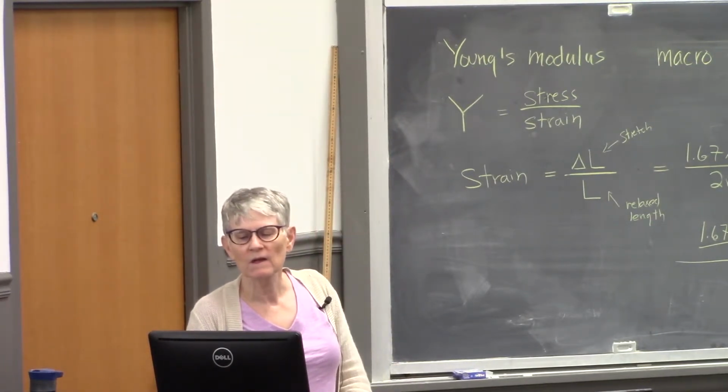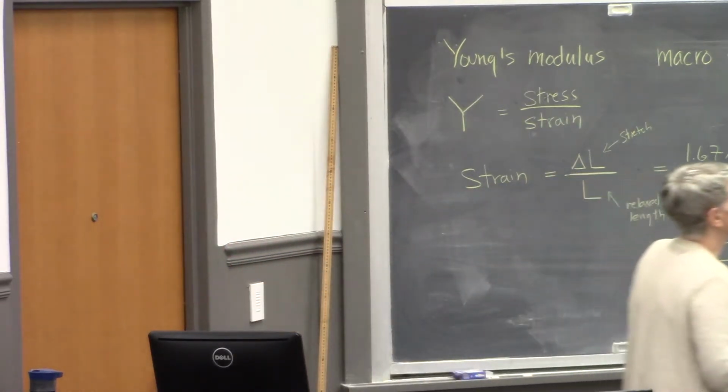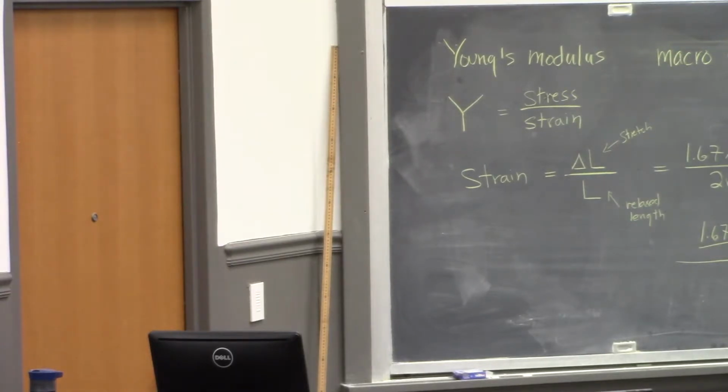So how is this going to work out? Imagine hanging 10 kilograms from our copper wire and we get an 8 millimeter stretch. And then we take a second copper wire that's the same length, but its cross-sectional area is only half as big.